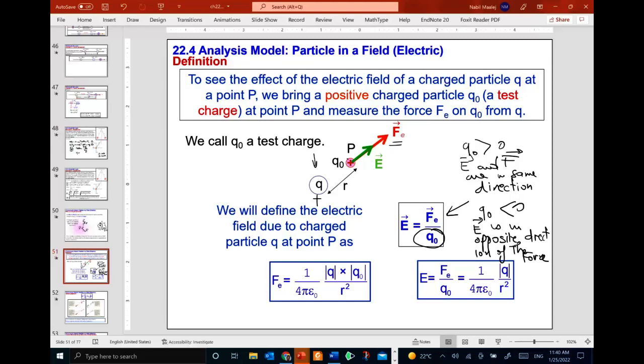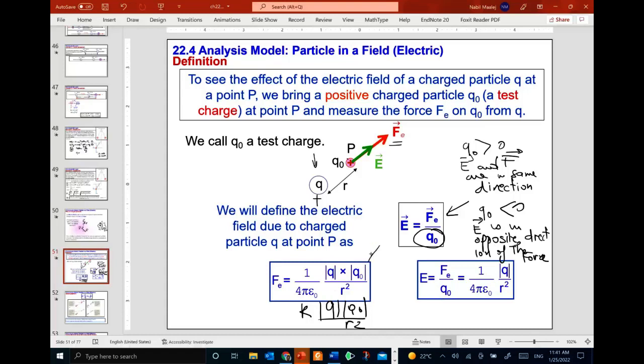Okay, so since the magnitude of the force is given by Coulomb's law, this is K Q times Q0 divided by R squared. We said K is equal to 1 over 4 pi epsilon 0. That means we can write the equation for the electric field. The magnitude of the electric field is the magnitude of the force divided by the charge of the test charge.